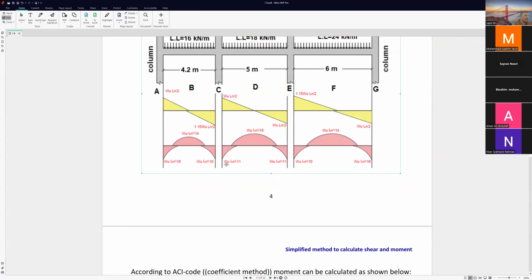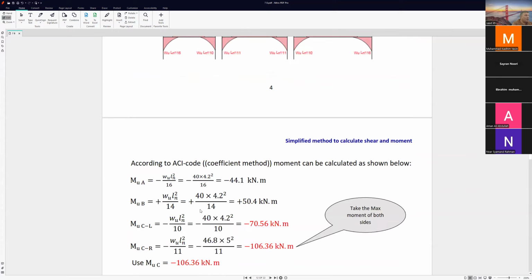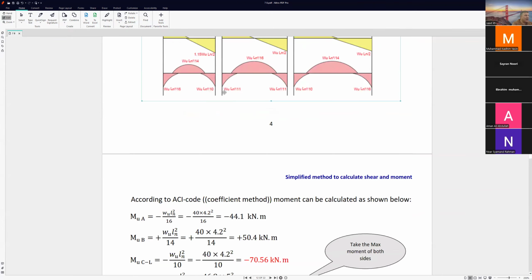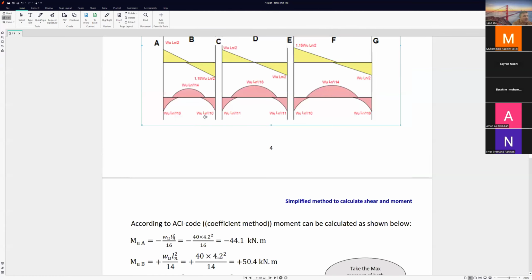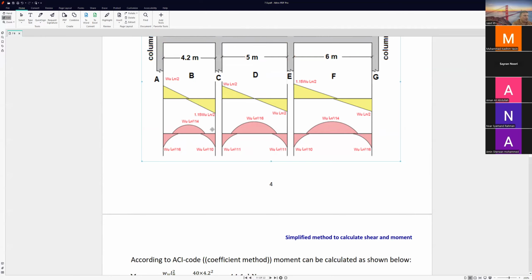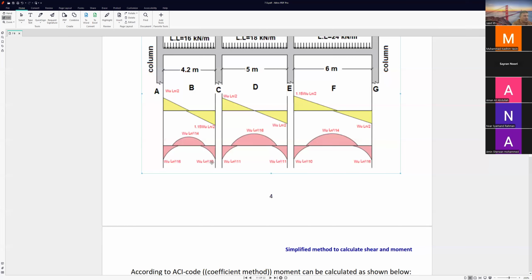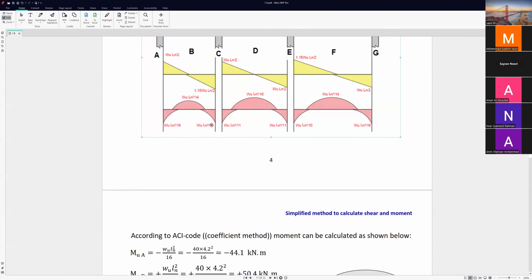Why don't we take the average Ln? Because if we have the same coefficient, 10 and 10 here, we would take the average Ln, 4.2 plus 5 over 2, or 11 coefficient. But here this coefficient is different from this coefficient. That's why we should calculate both of them.